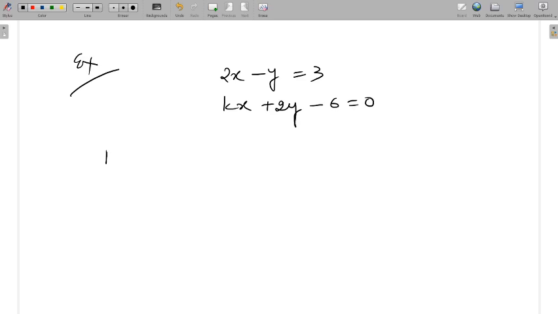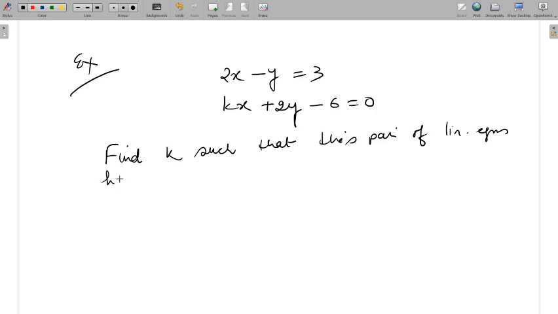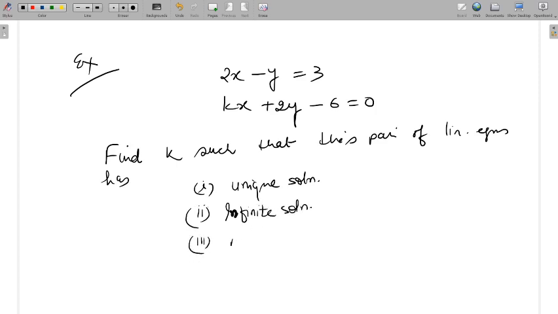And if I ask you, find k such that this pair of linear equations has number 1, unique solution; number 2, infinite solutions; number 3, no solution. Okay, so this is the question.